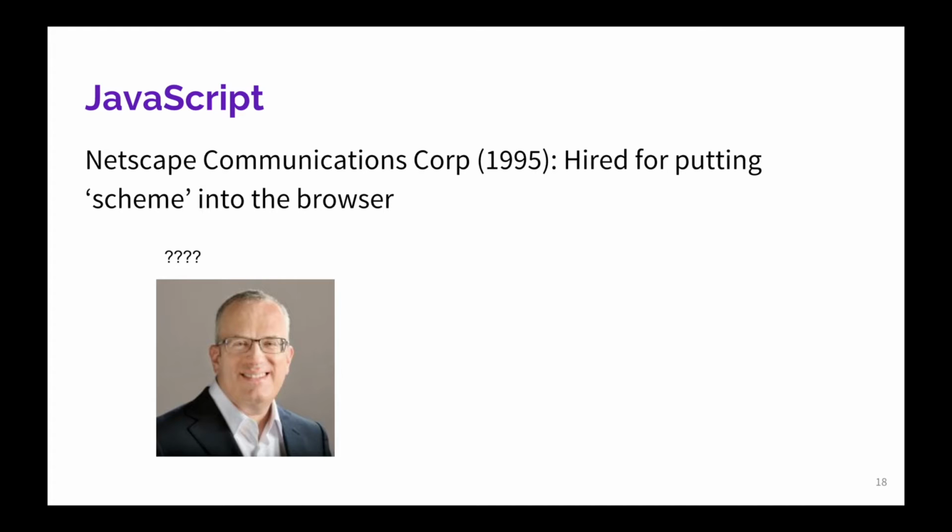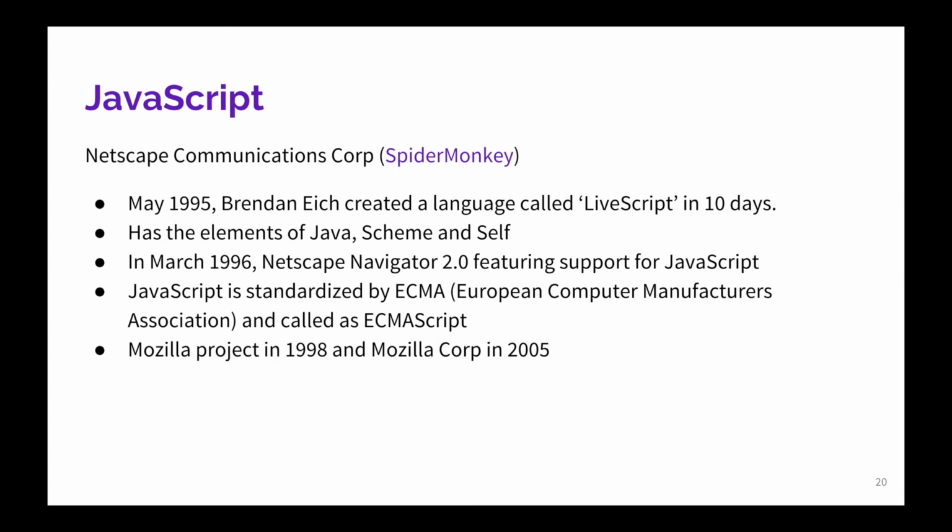So the next is JavaScript. Netscape hired this man to put the Scheme language into the browser, and he is Brendan Eich. So what he did, he created a language called LiveScript in 10 days. Okay, and that was put in the browser, and it has elements of Java, Scheme, and Self languages.